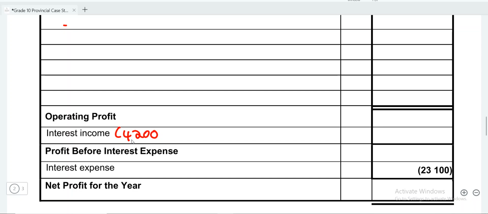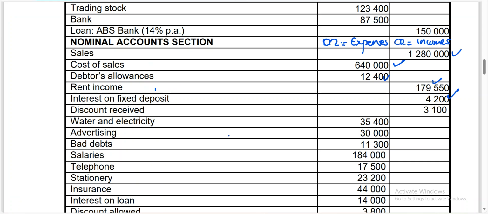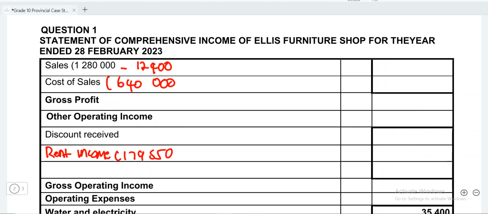Here's that 4,200. Whatever we have entered, we are going to tick. We then have discount received for 3,100. Remember, discount received is part of your other operating income, so we'd say discount received, 3,100.